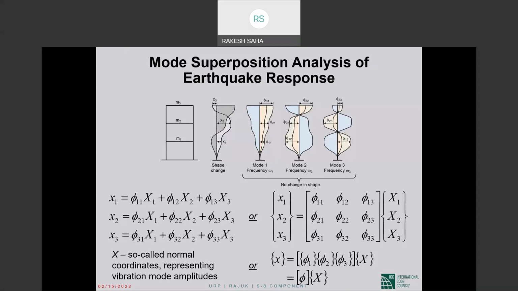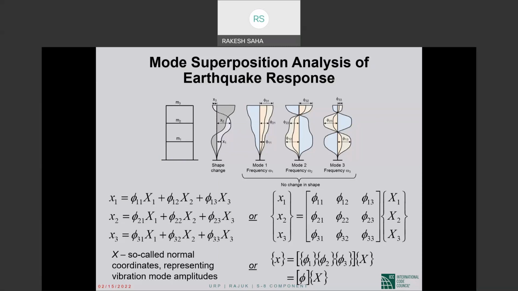While that is true, it is possible to deform this three-mass model into three different shapes, if we can very carefully deform the frame into one of the shapes depicted in the three pictures and then let go.